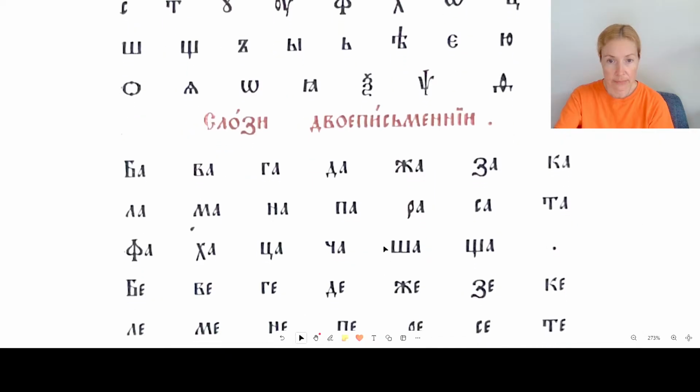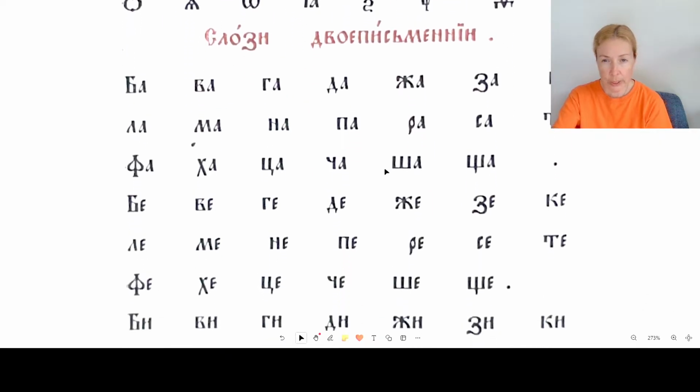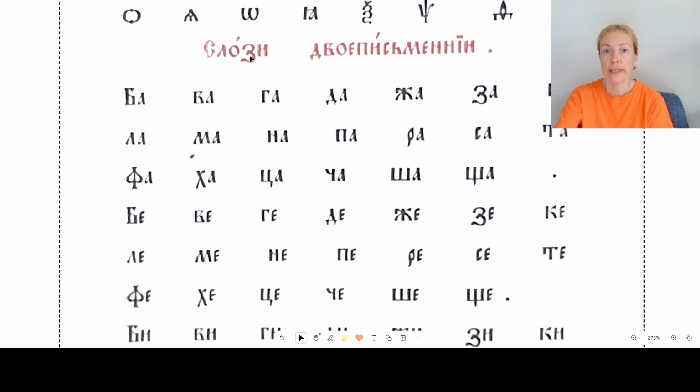Let me move my slide. And so here on this page, you see these words: Слози двоеписьменные. Слози двоеписьменные. You know what that means? If you know what that means, you can put it in chat. What means слози двоеписьменные?